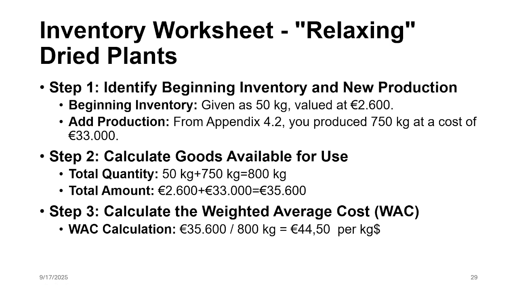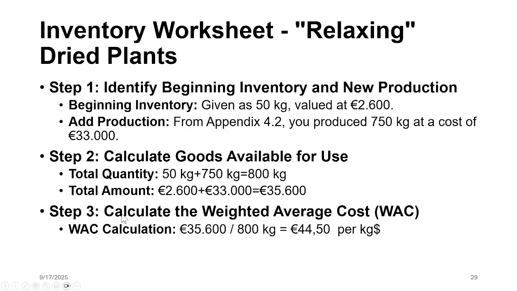After that, we also do the same to calculate the inventory cost available for the relaxing dry plant in 3 steps. The first step, we identify the beginning inventory and new production. So we have a beginning inventory and we add production from our table before. In step 2, you calculate the goods available, in 2 steps: first, you calculate the total quantity, and second, the total amount.